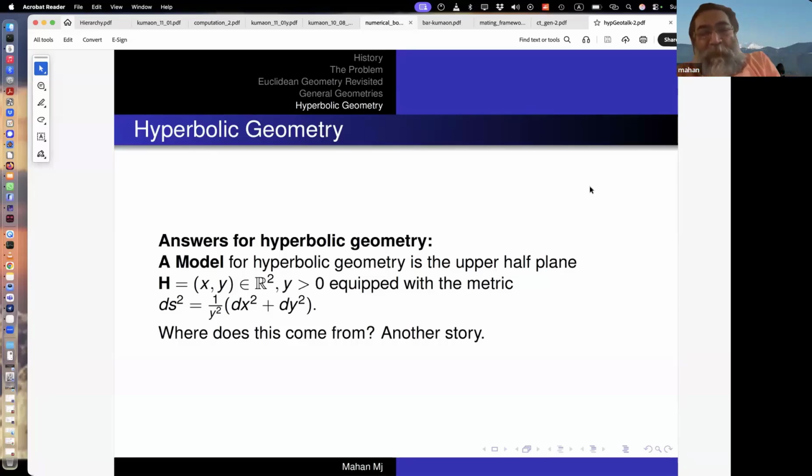So this is the upper half plane. And we need to understand, as we said, we've defined this metric. A lot of it is inspired by complex analysis. In this particular field, complex analysis and hyperbolic geometry go hand in hand. And there is a theorem which says that there is an exact correspondence.